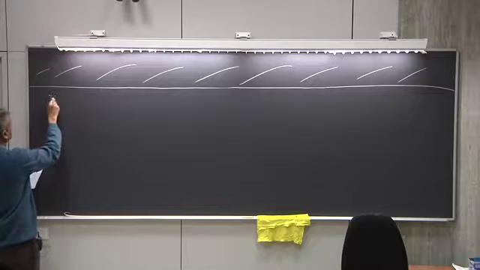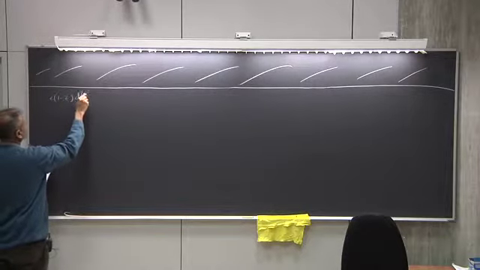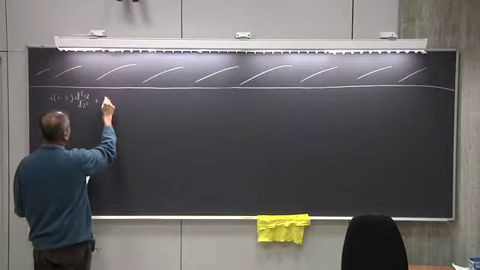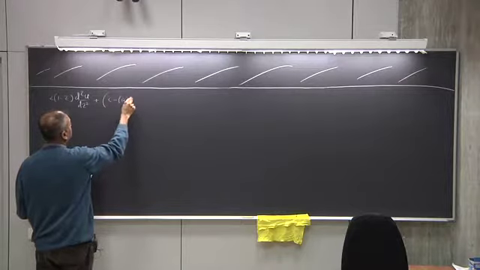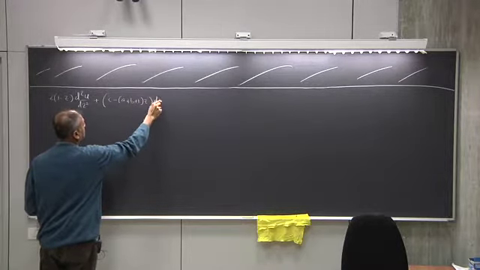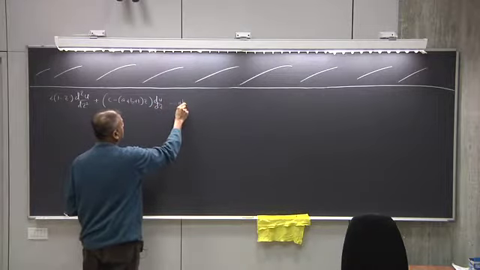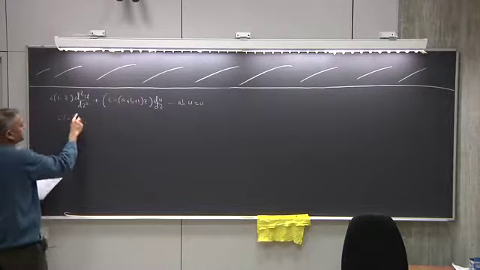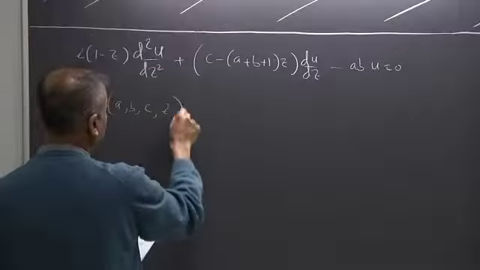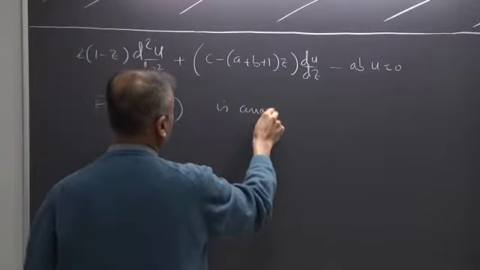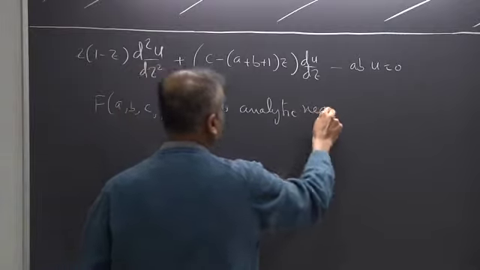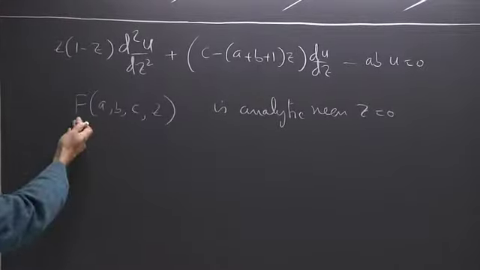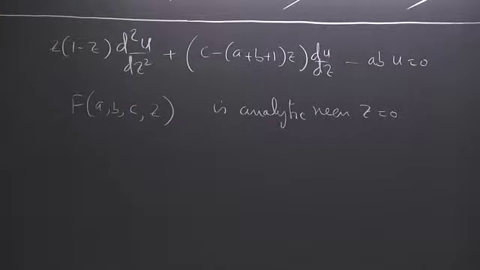The f satisfies the equation z times (1 minus z) d2u by dz2 plus (c minus (a plus b plus 1) z) du by dz minus ab u equal to 0. And F(a, b, c; z) is the solution which is analytic near z equal to 0. This was the definition of F(a, b, c), and it's also normalized so that at z equal to 0 it's 1.